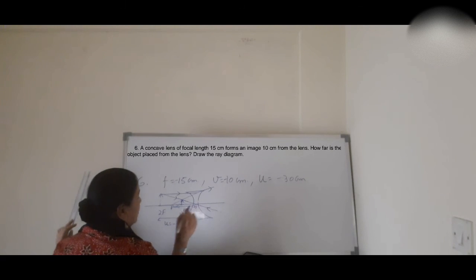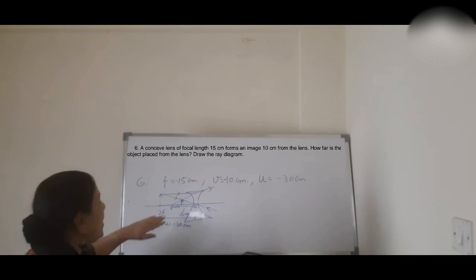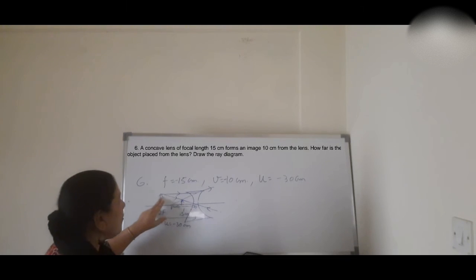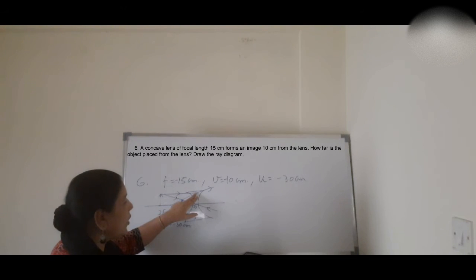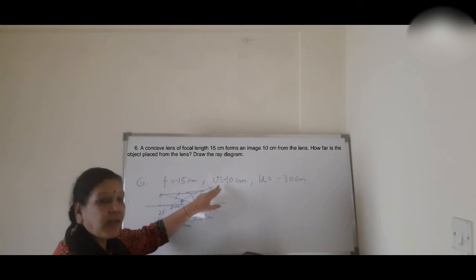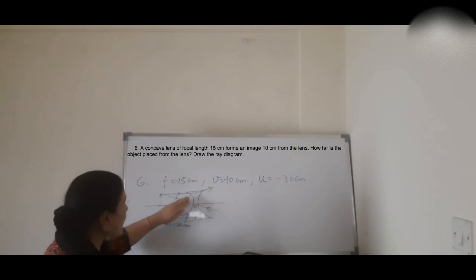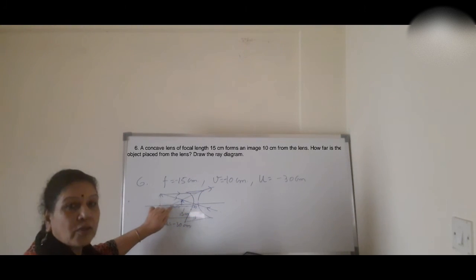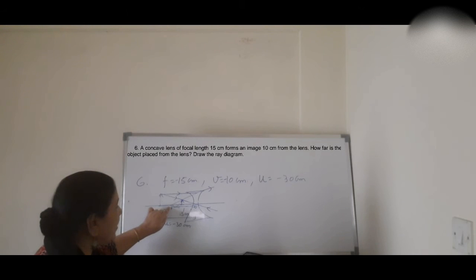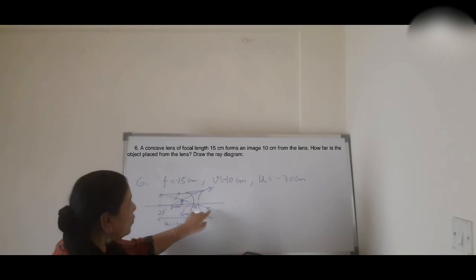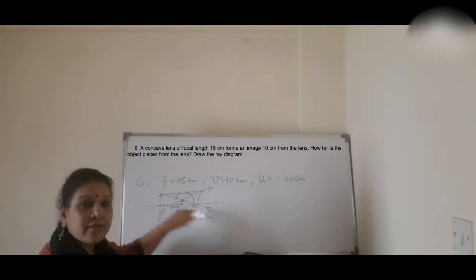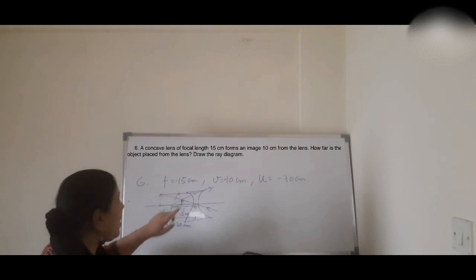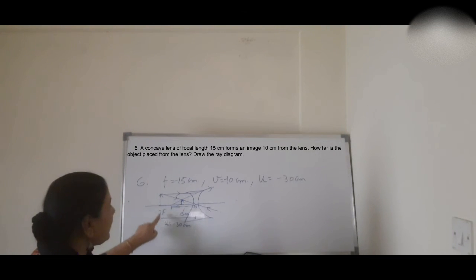So this was 15 centimeter. This is F. One ray I have taken goes parallel to the principal axis, and after refraction goes like this. If you produce it backward, it appears to cross through F. And one ray passes through O and retraces its path. Here the 2F is here.